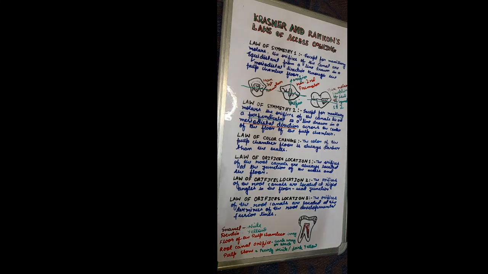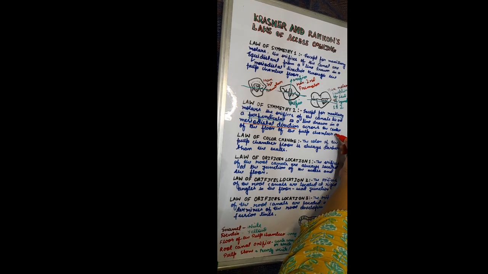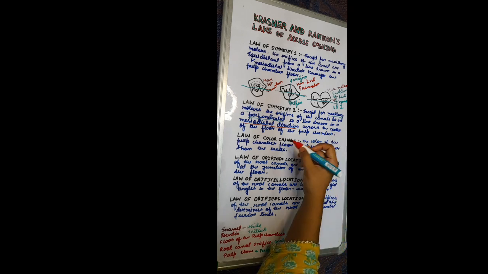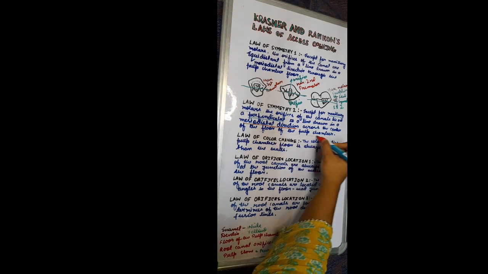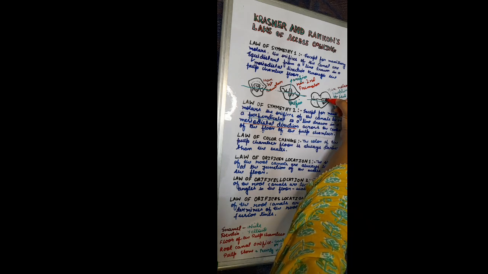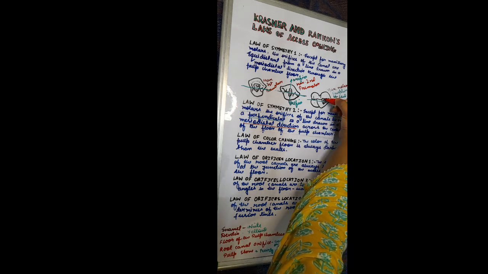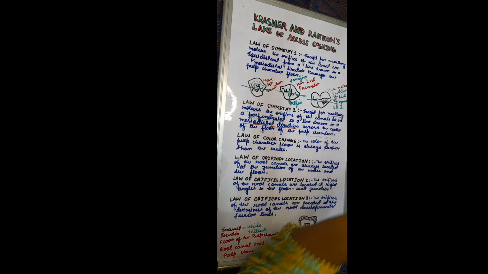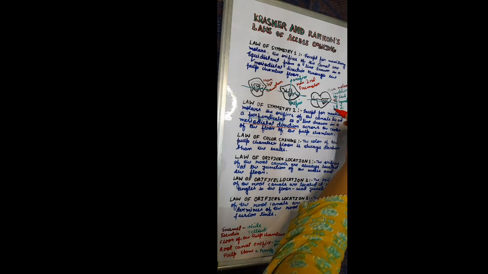Law of symmetry 2. Except for maxillary molars, the orifices of the canal lie on a perpendicular to a line drawn in a mesiodistal direction across the center of the floor of the pulp chamber. These are the orifices of the canal of the maxillary first molar.